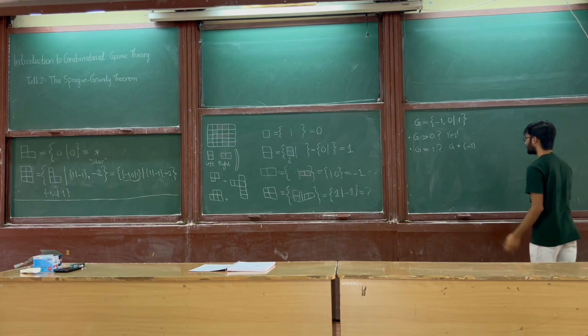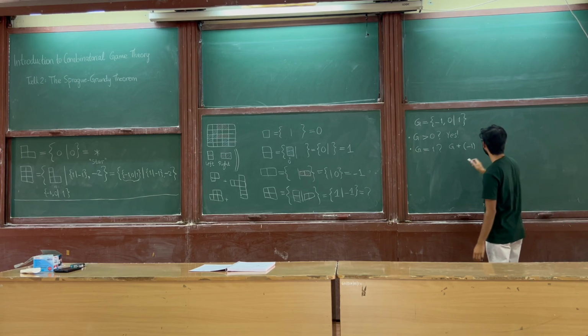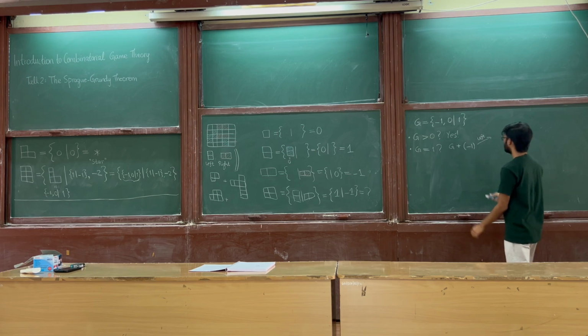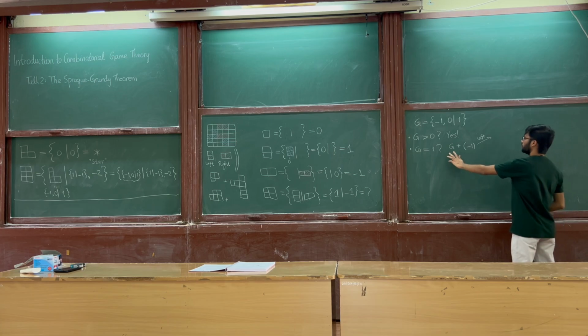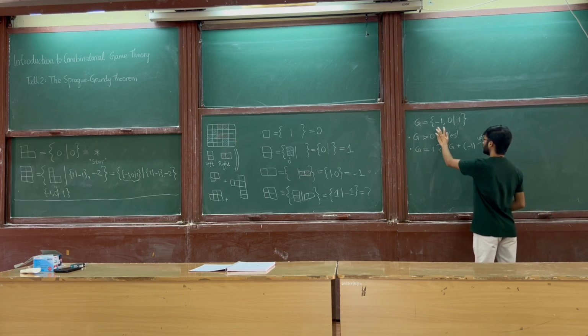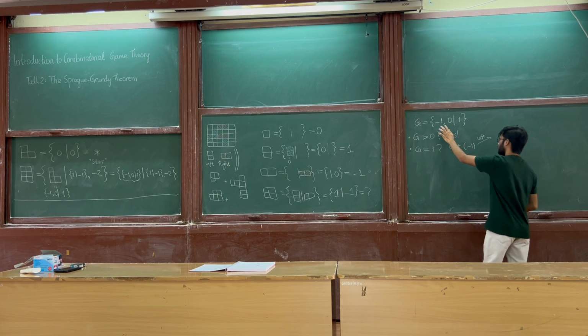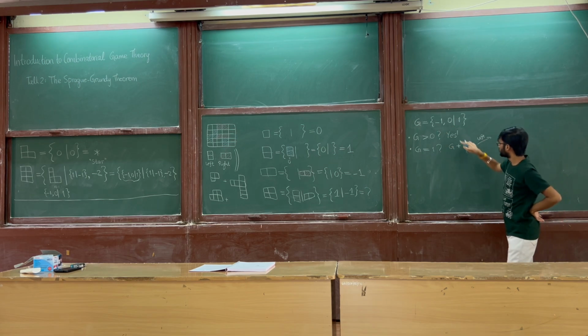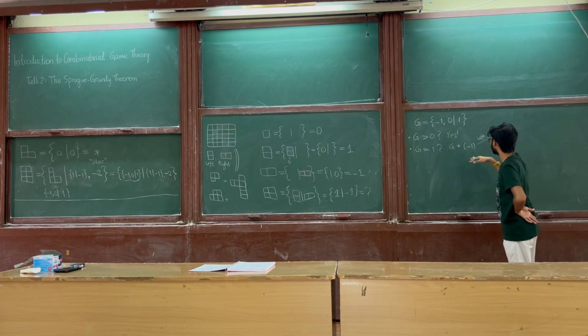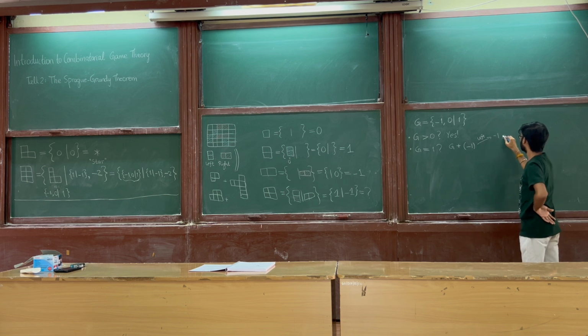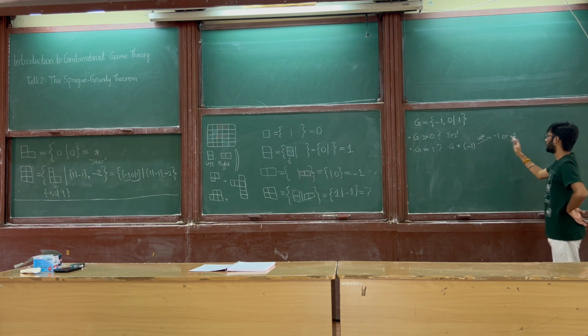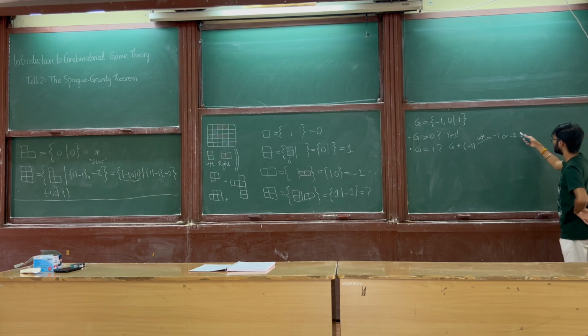If left starts, left cannot make a move in -1, left can only make a move in G. In G left can move to -1 or 0, and going to 0 leaves -1 and going to -1 leaves -2. And both of these are really bad for left.